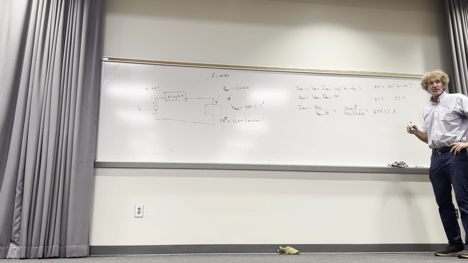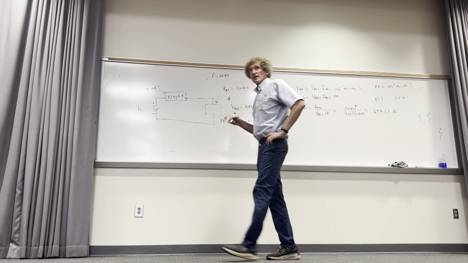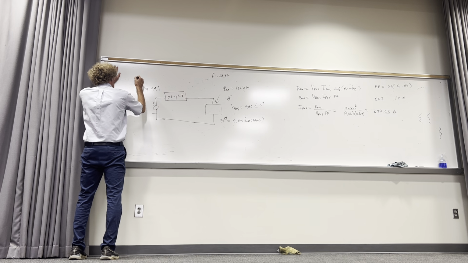Now to get the angle, we have to go up here. You see we have a cosine of theta V minus theta I is equal to 0.84, right?